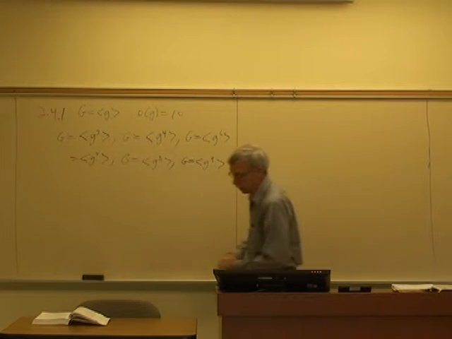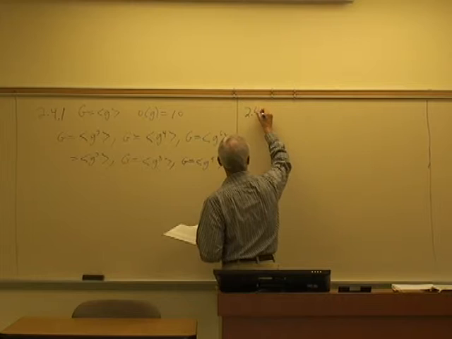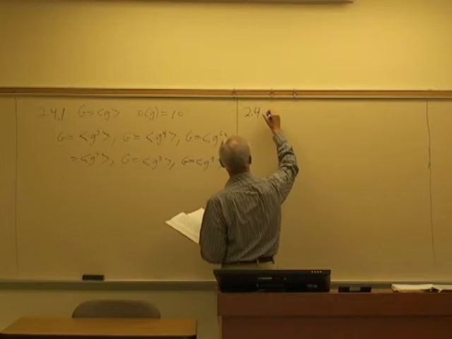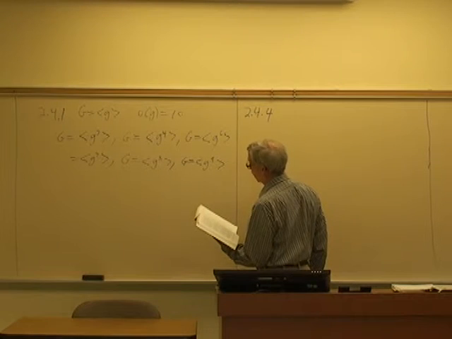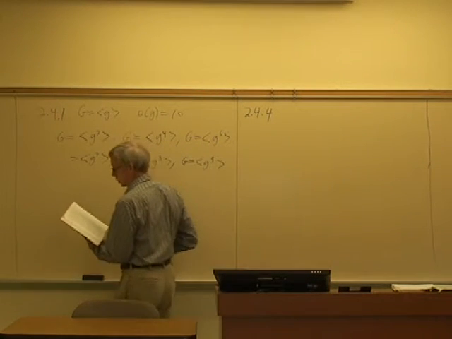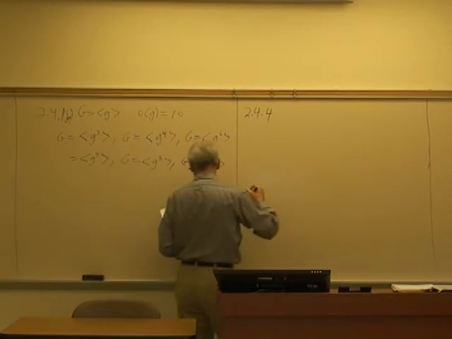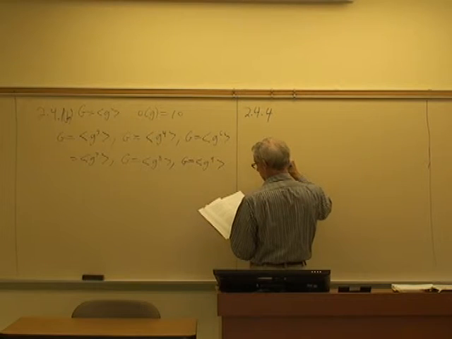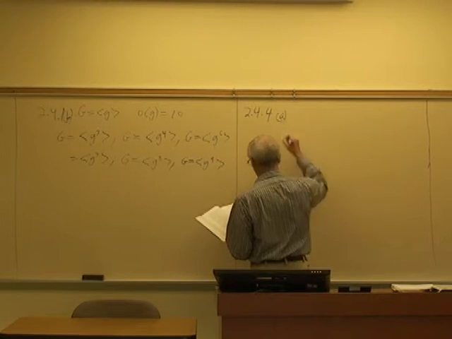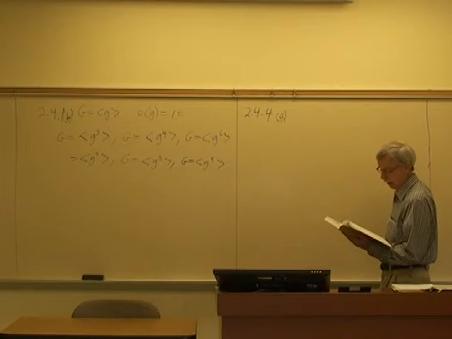Let's do another one of these. 2.4.4. This was only part B, by the way. And we'll do 2.4.4 part A and B. We want to determine whether G is cyclic.